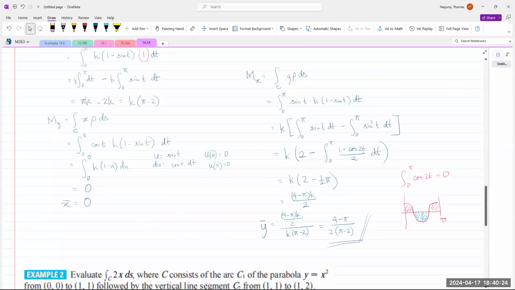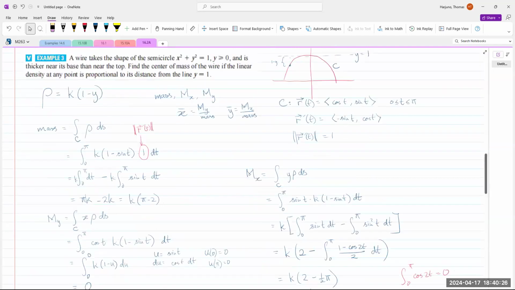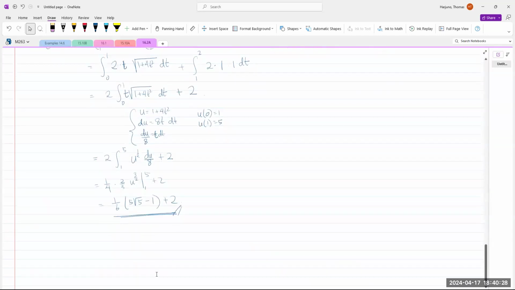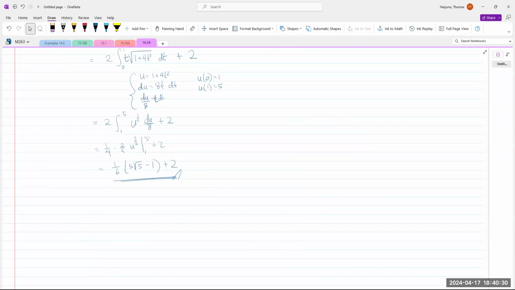So I went over examples 1, 2, 3 from our textbook. Now let's go on with a slightly stranger one, not very strange, but slightly different. Notice that the integration we have had so far is always with ds. Now let's take a look at the next example, example 4.